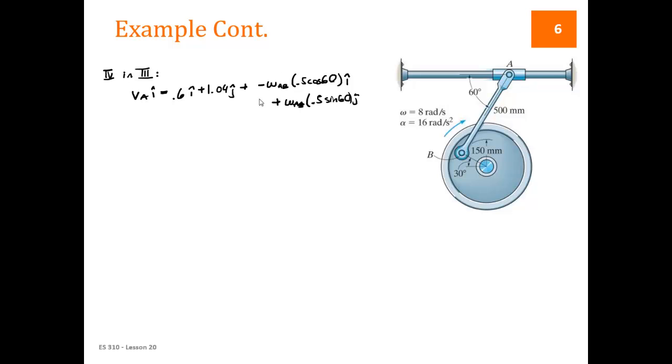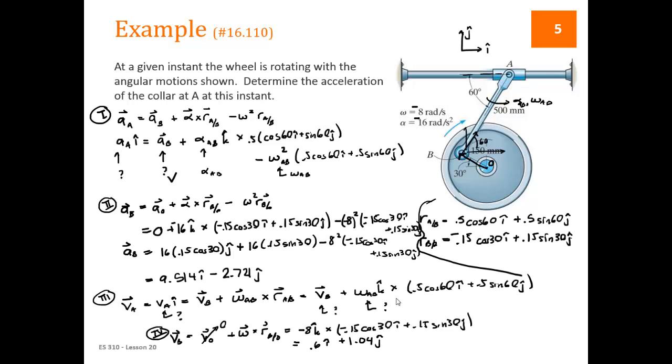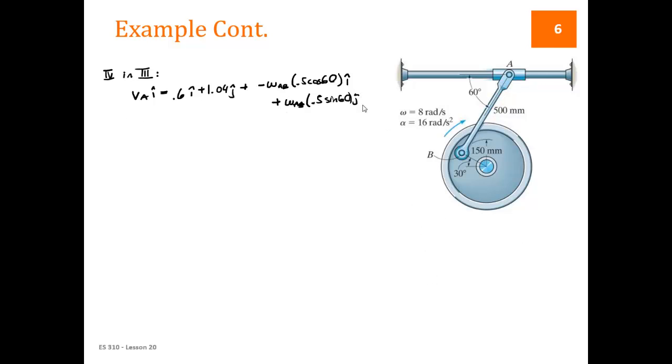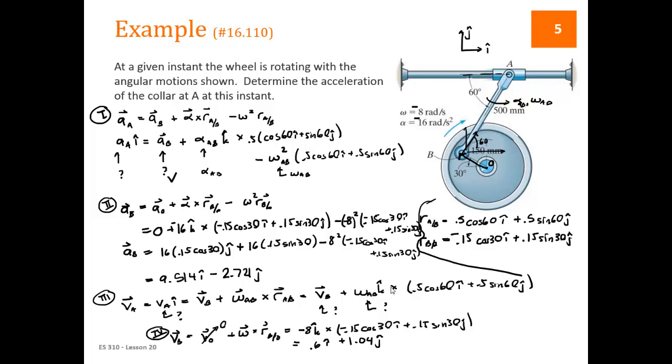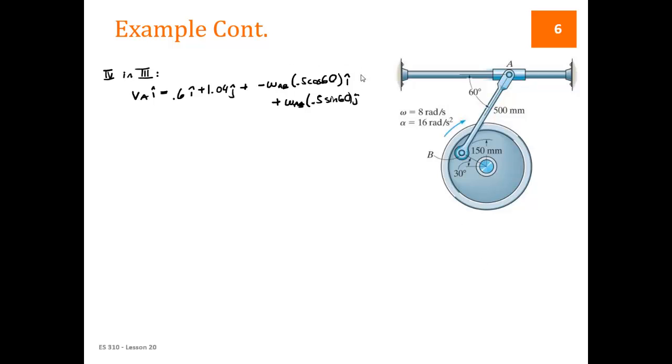All right, so this was taking that cross product. Positive k crossed into positive i gives us positive j. That's that term. And positive k crossed into positive j gives us negative i, which is that term.